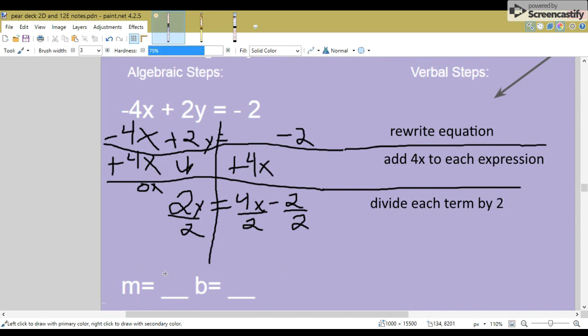Two divided by 2 is 1, so 1y equals 4 divided by 2 is 2, 2x minus 1. This is your slope-intercept form, where your m is 2 and your b is negative 1.